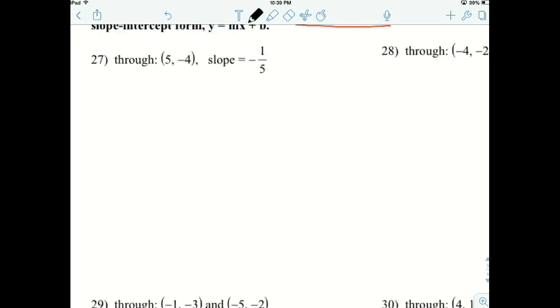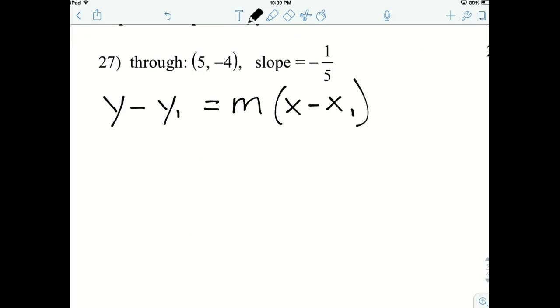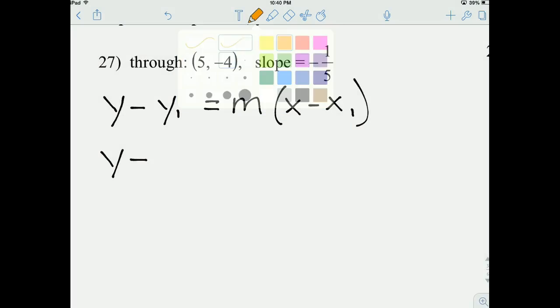The very first example says through the point 5, negative 4, we have a slope of negative 1/5. We need to write an equation for that. So it's going to be y minus our y1 is equal to our slope times x minus the x1. So if we're writing that out now and plugging things in, we have y minus the y coordinate of our point, negative 4.